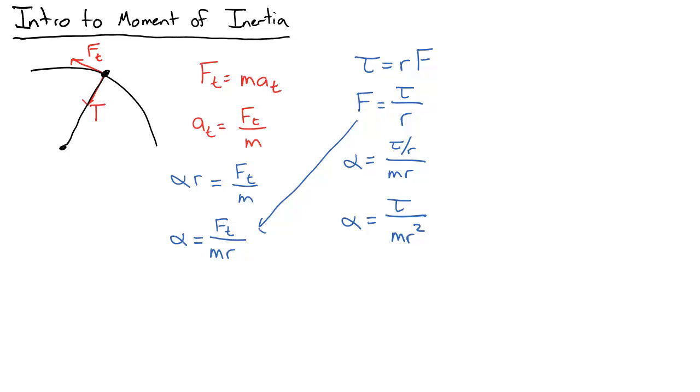What's important to understand is that the angular acceleration, just like the torque, is dependent on the distance that you have from the axis of rotation, because that's what that r is. So when you have different rotation points, you're going to have different angular accelerations depending on that axis of rotation. So it's important to make clear what that axis of rotation is.